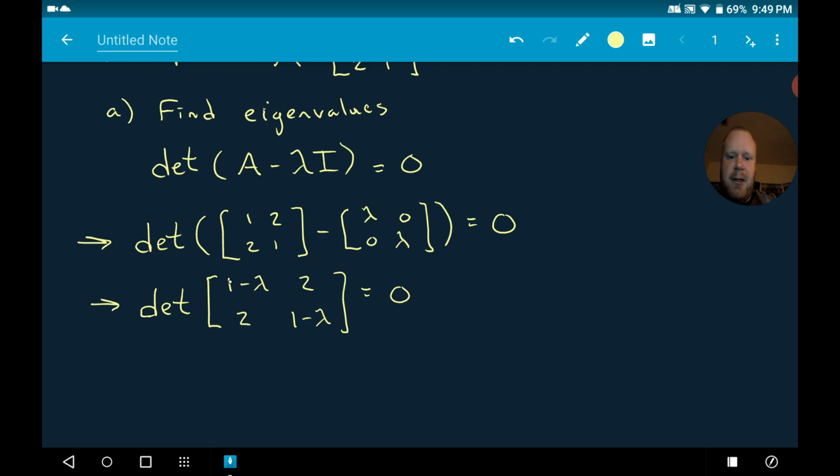But when we take the determinant, we multiply these two things and subtract the product of these two terms. So this tells us that (1 minus lambda) times (1 minus lambda) minus 2 times 2 must be equal to 0.